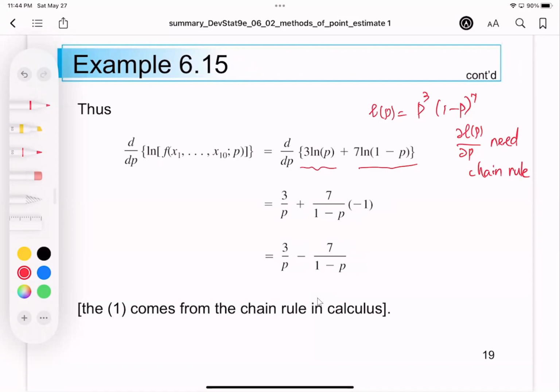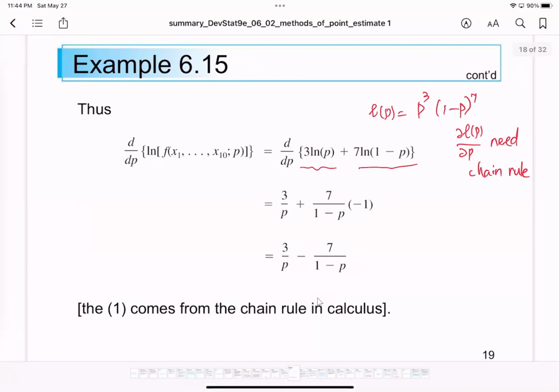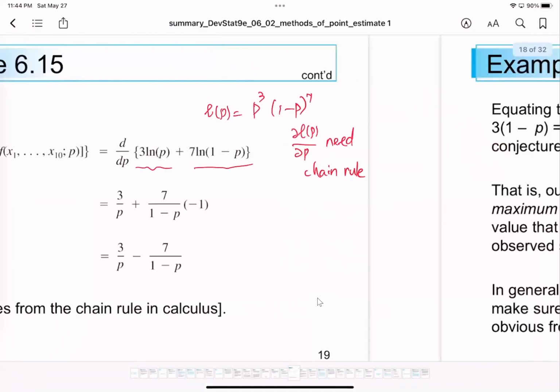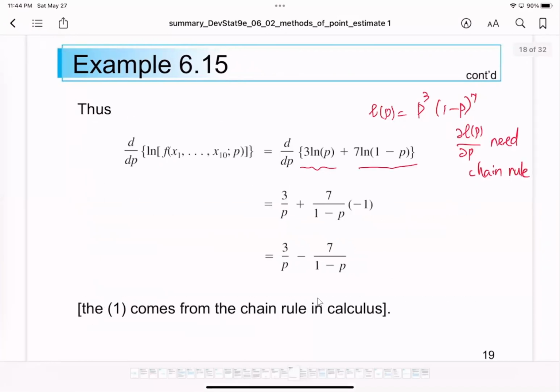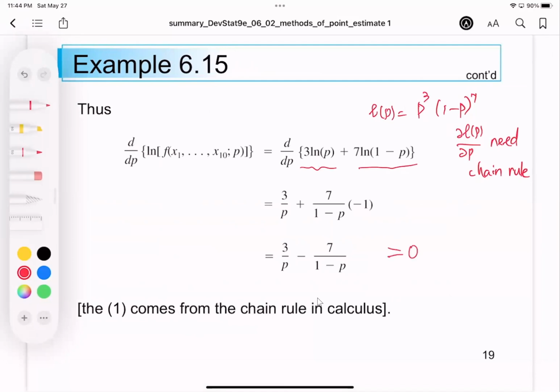Okay, so working with the log transformed likelihood function makes it a lot easier. So after we set this equal to 0, we solve for p.